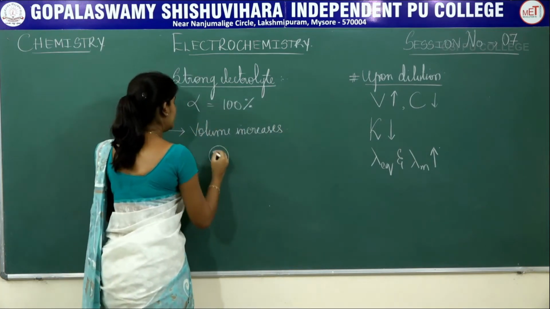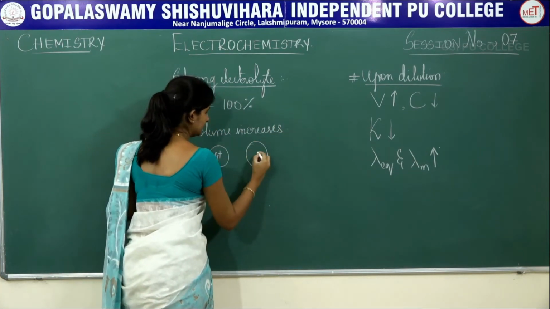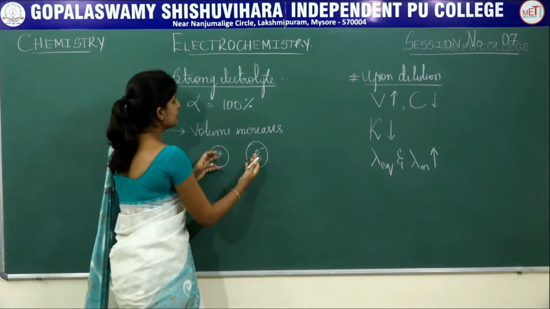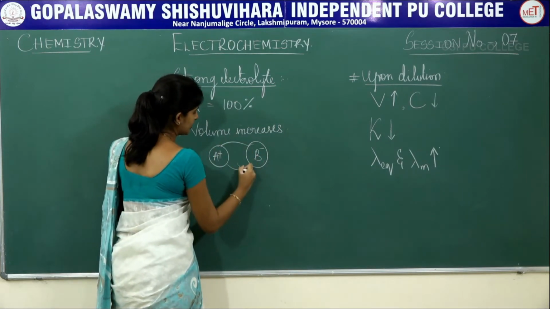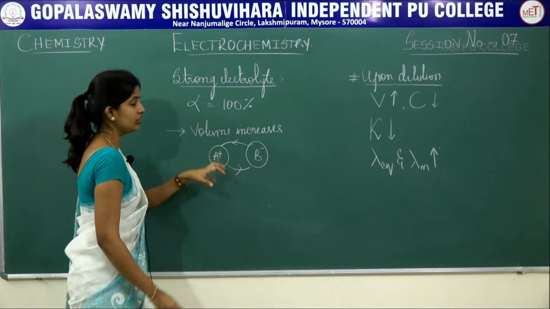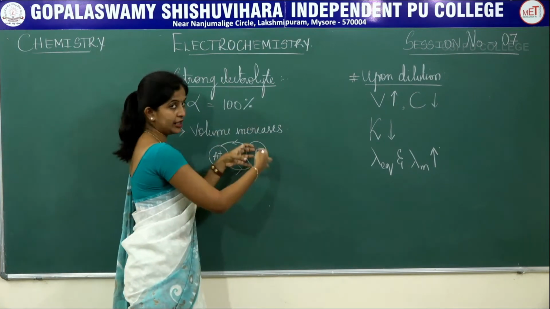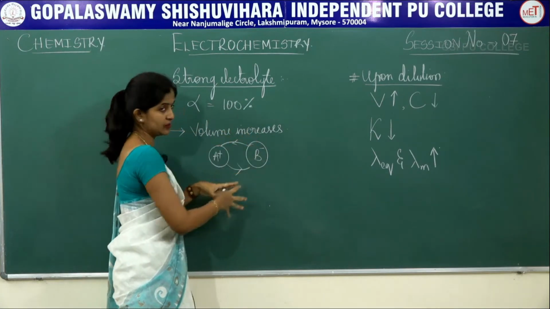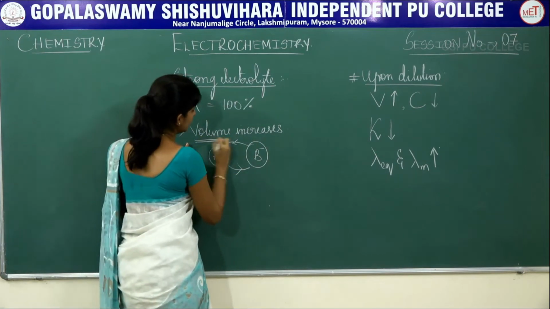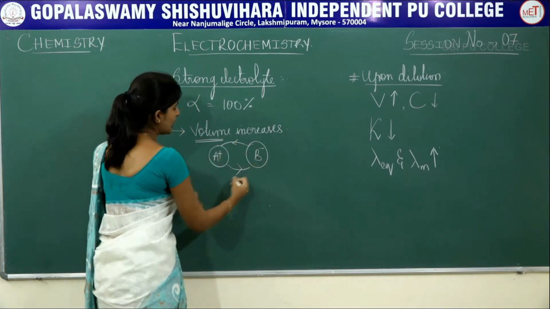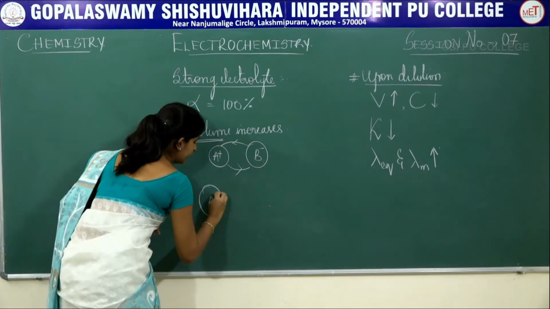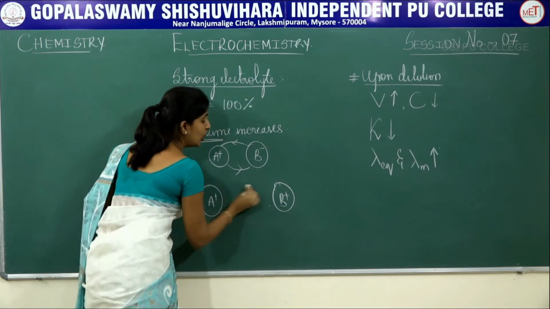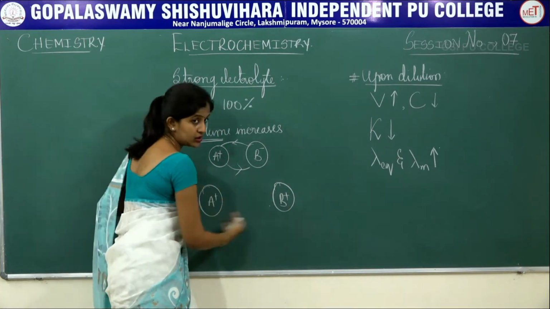Say this is a cation and this is an anion, in a strong electrolyte. Since they are closer to each other, there is a force of attraction acting between them when present in your aqueous medium. Now you are increasing the volume. As a result, these two ions move far apart, and there is no force of attraction between the ions.